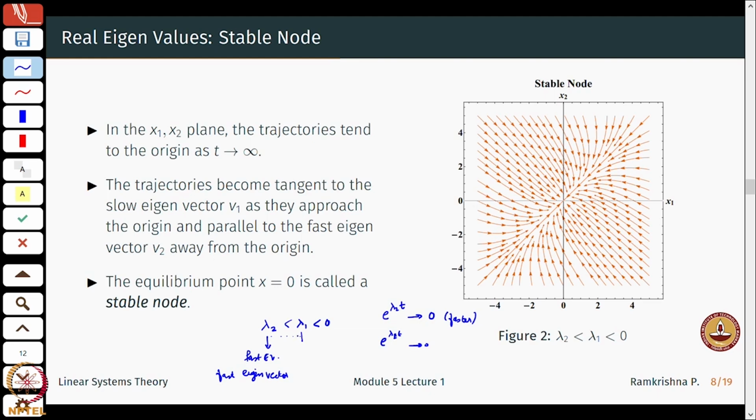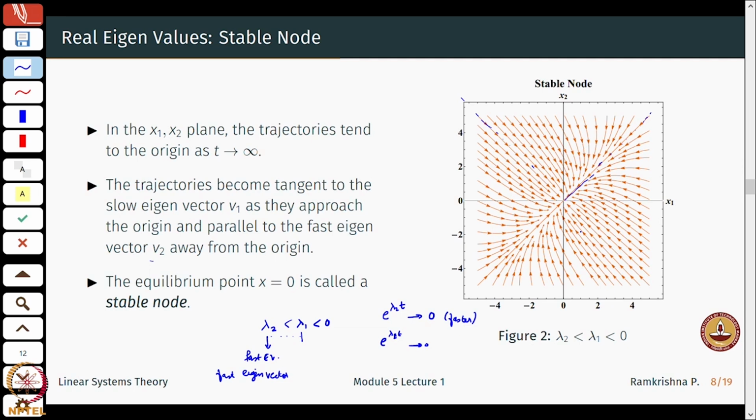As time increases, the trajectories become tangent to the slow eigenvector in V1 as they approach the origin, and parallel to the fast eigenvector away from the origin. You can see roughly here that the slow eigenvector should be somewhere around here, and the fast eigenvector somewhere around here. I think you can quickly check for any example that this should hold.